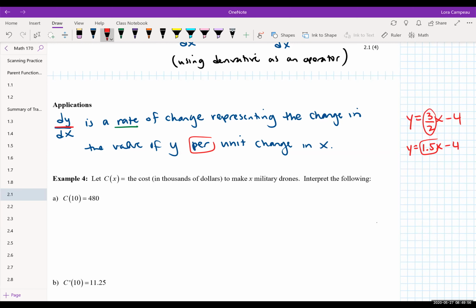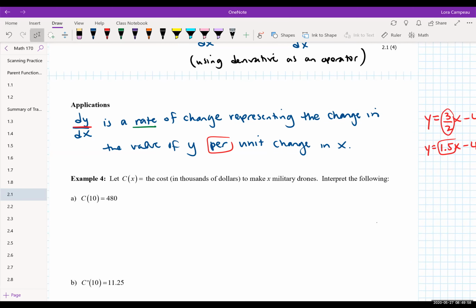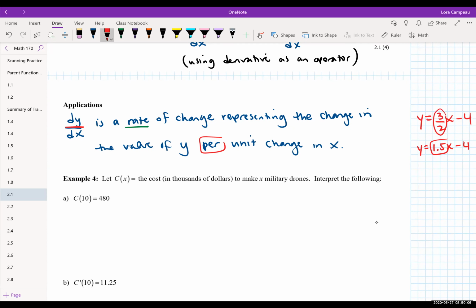For every 1 unit of change in x, the y changes by 1.5 units. So we've applied this before, really rate of change, we speak about it as the slope. But they really want you to look into this a little bit more in depth because we're going to use derivative notation to help us out with some of these.